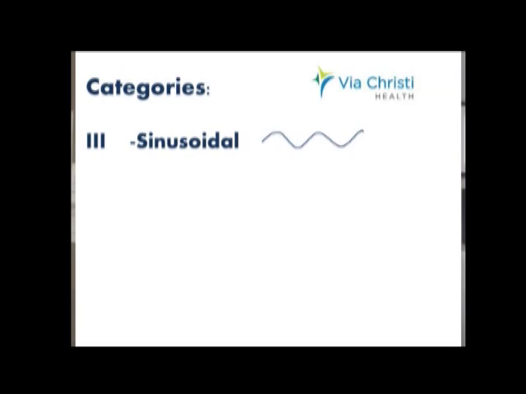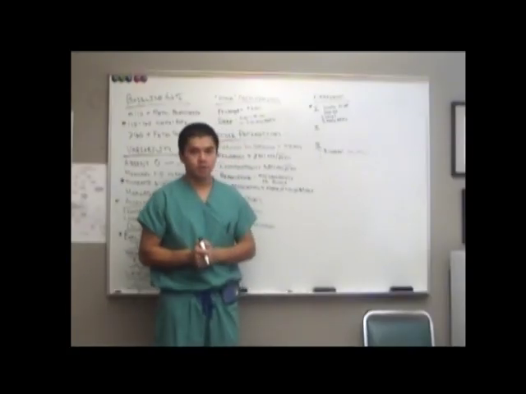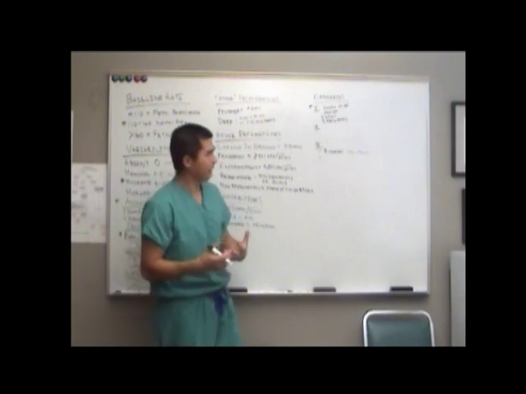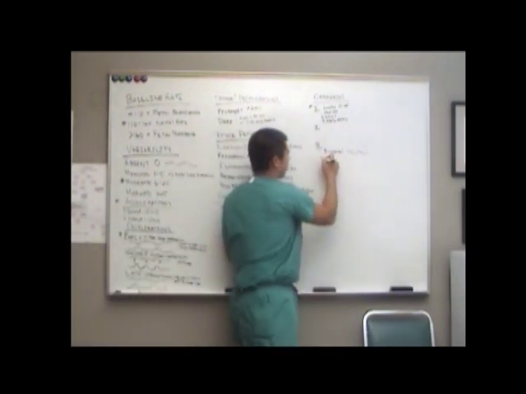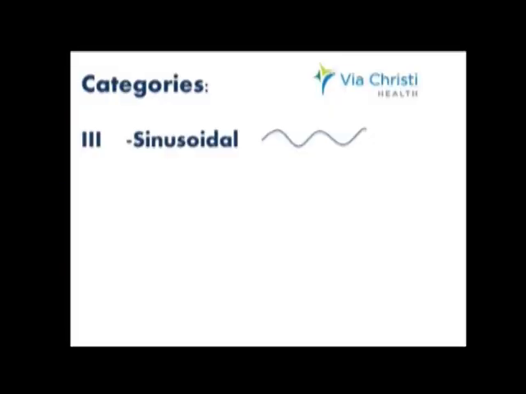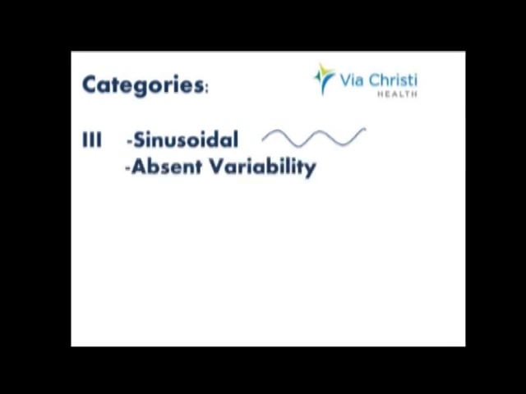The second definition that fits a category 3 is, so think about things that are bad. So what type of variability do you think would be really bad? Yeah, absent variability, which is what a sinusoidal is. So absent variability and one of two things.